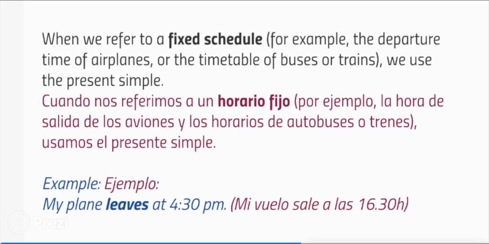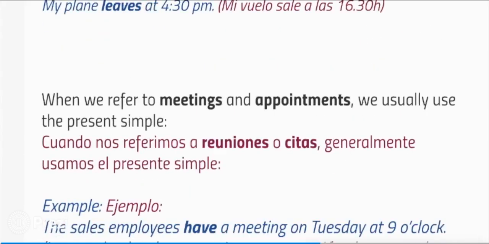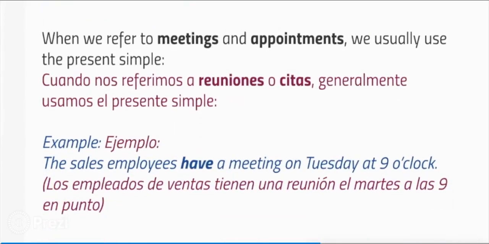Example: My plane leaves at 4:30 p.m. When we refer to meetings and appointments, we usually use the present simple. Example: The sales employees have a meeting on Tuesday at 9:00.